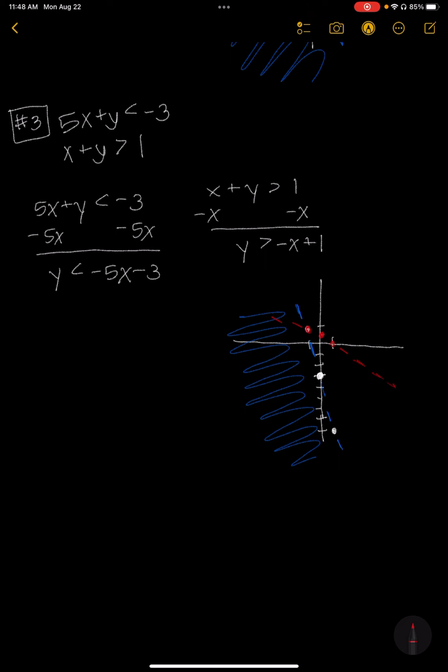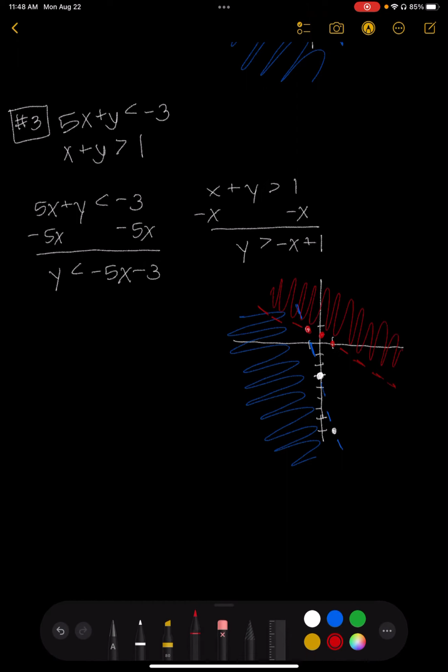So that's what it looks like. And this is a greater than, so we shade above the line, which is right here. Okay, so where it's doubly shaded is where I'm going to put the purple, which is in this little corner right here. So that is our solution set.